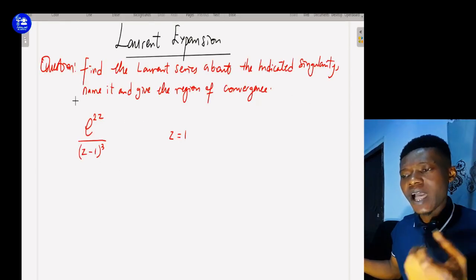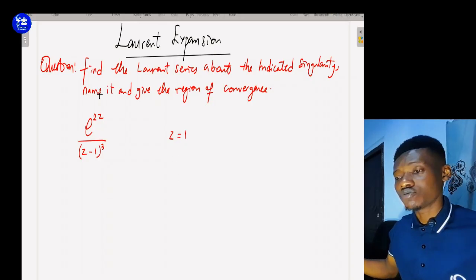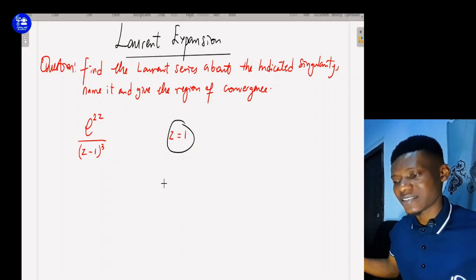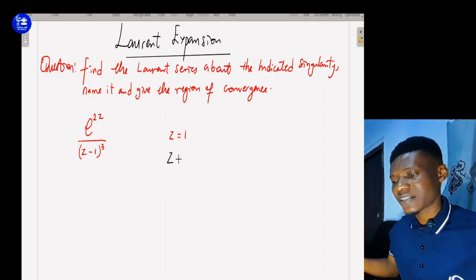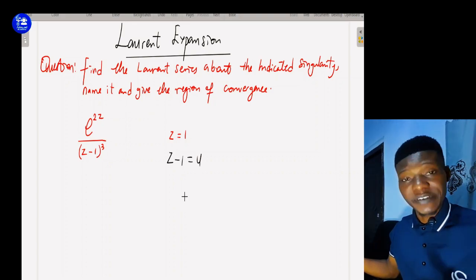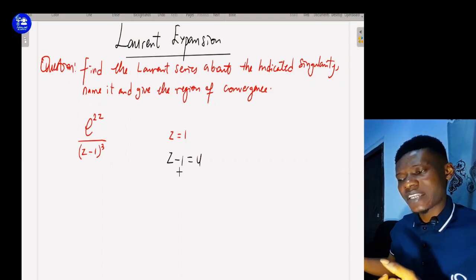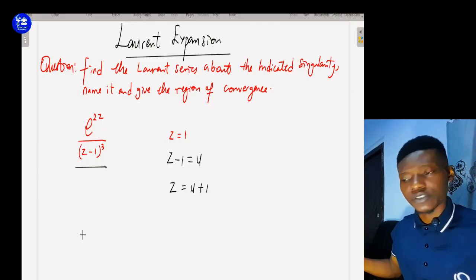So now, how do you tackle a problem like this? The first thing you need to work on is your singularity, the indicated singularity, which is z equals minus 1. So this simply means that z minus 1 is equal to a number u or a variable u. With this, write the given problem in terms of u.